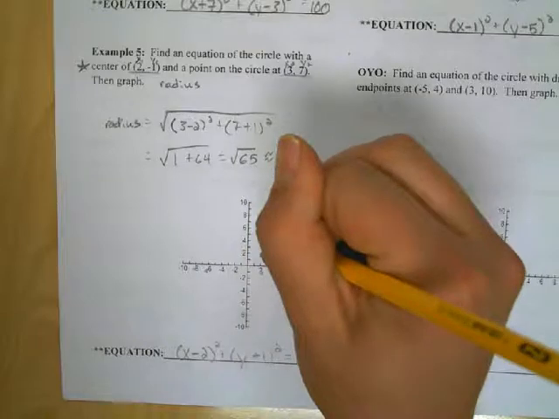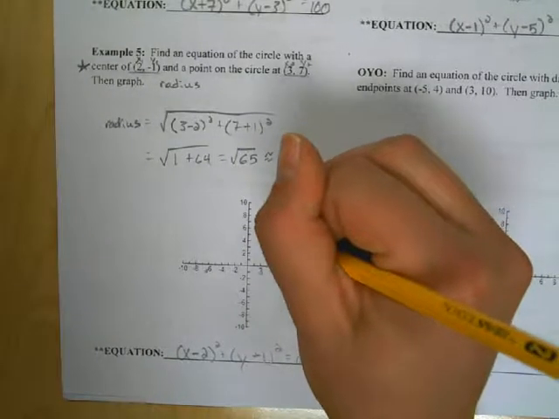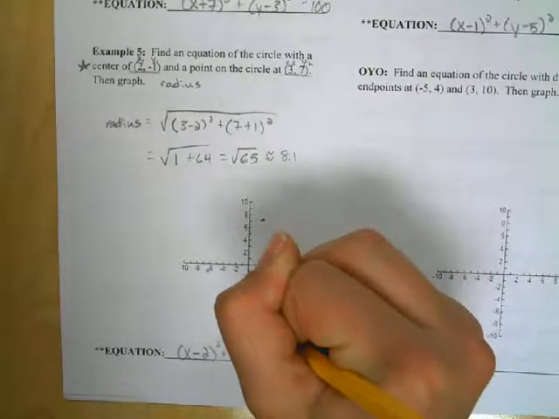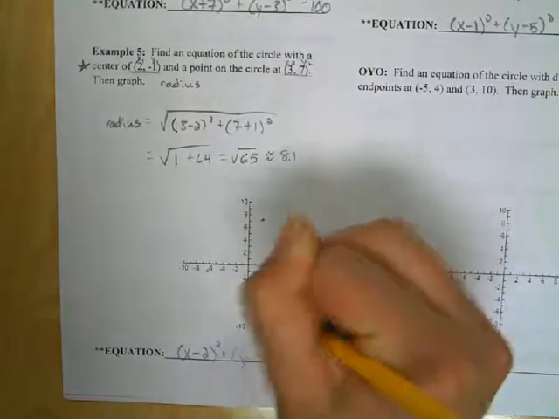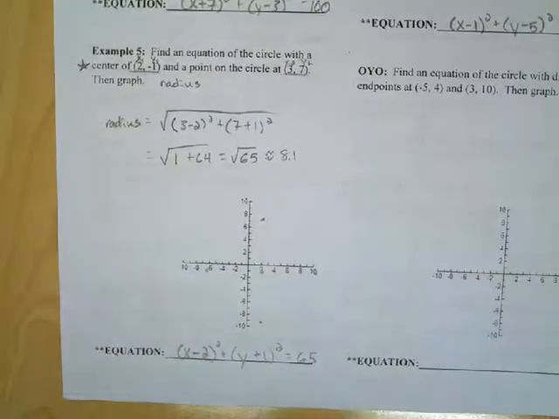8.1 would be 7.1 up. 8.1 down would take me to 9.1 down. And then just draw your circle.